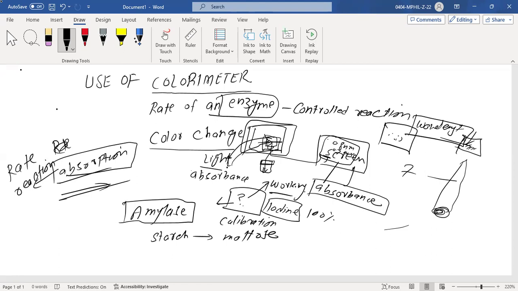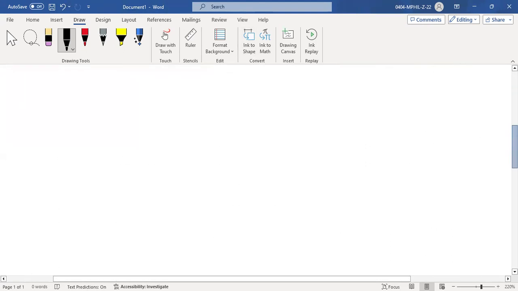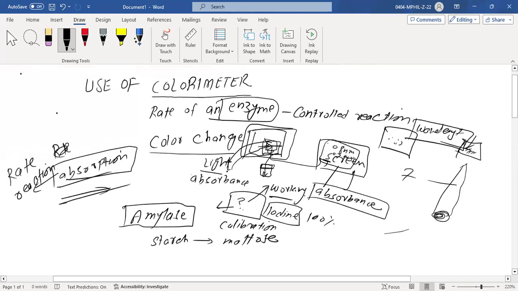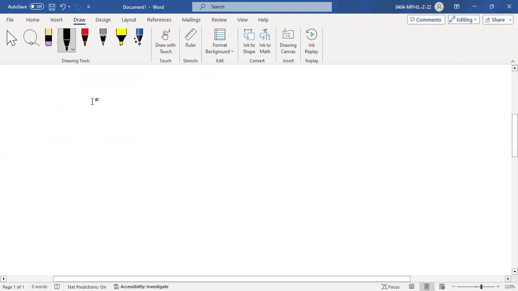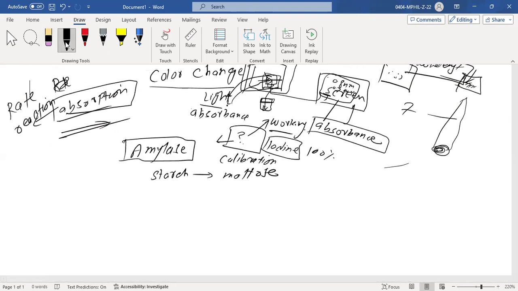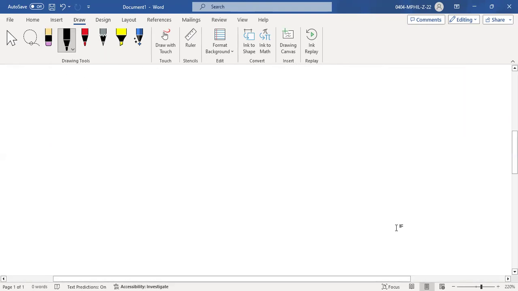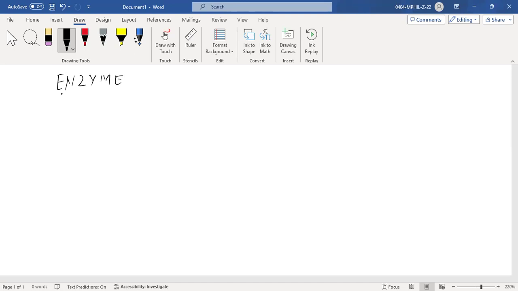Then you have another concept, that is enzyme affinity. What do you mean by this affinity? The willingness of an enzyme to bind with the substrate.